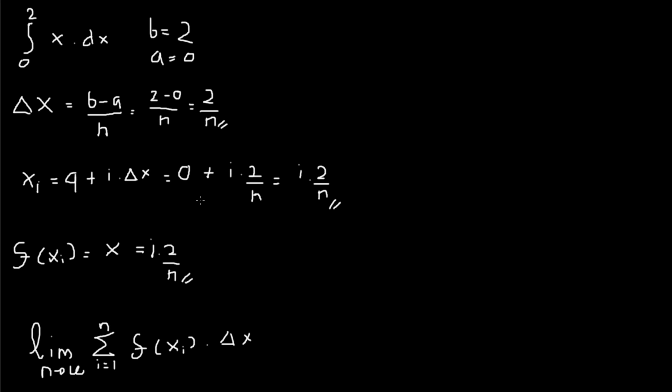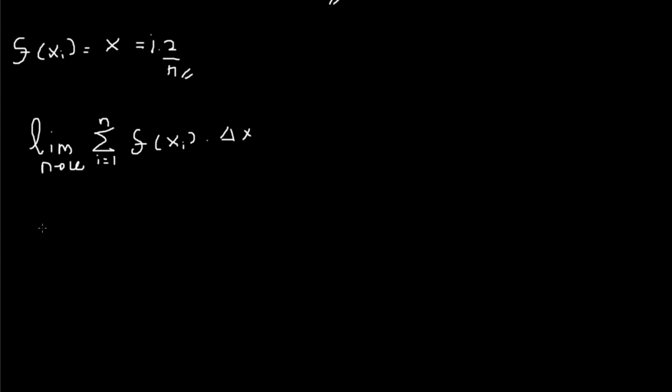So now we are going to input our f of xi into here, and delta x into here. So f of xi is i times 2 per n, times our delta x, which is 2 per n.